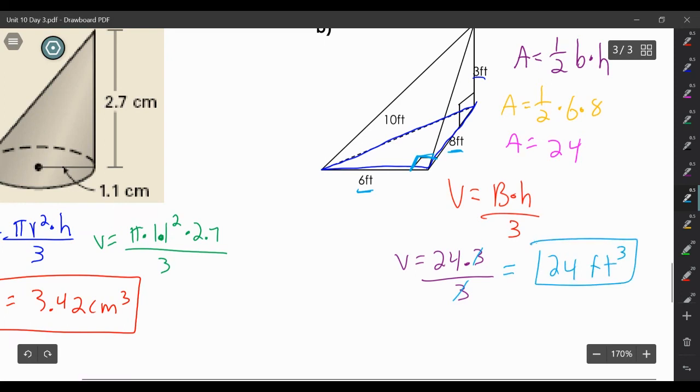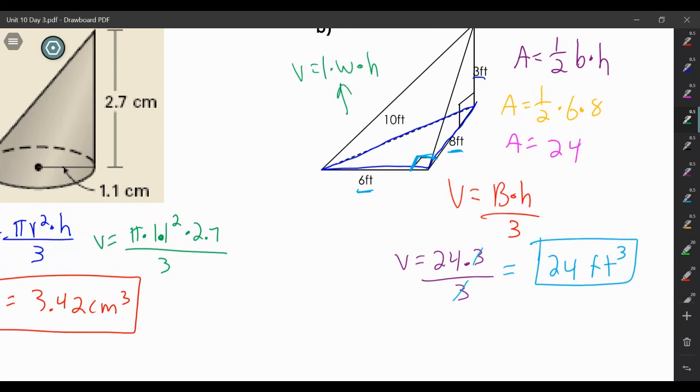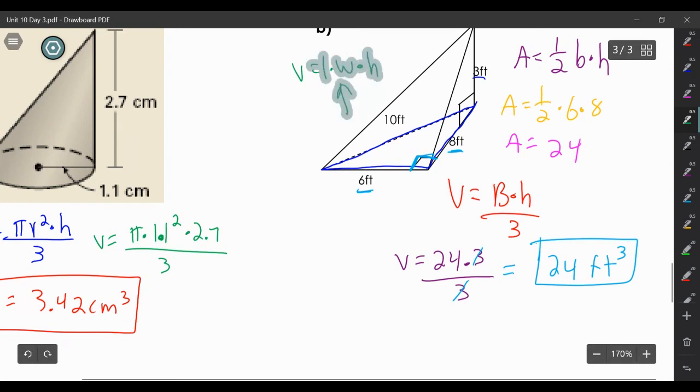This is why I didn't want you guys to just always think, oh, volume of a prism is length times width times height. Again, this only works for a rectangular prism. This is not a rectangular prism. This is a triangular prism where the base is a triangle. So you had to find the area of this triangular base first, which is 24.